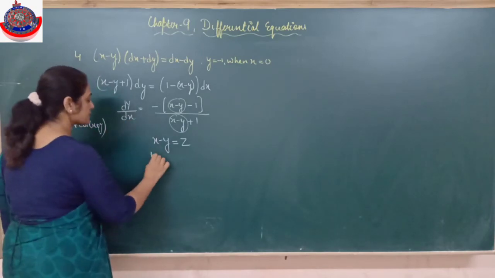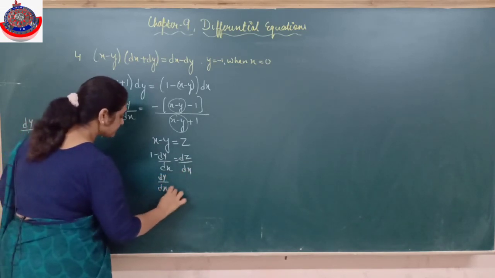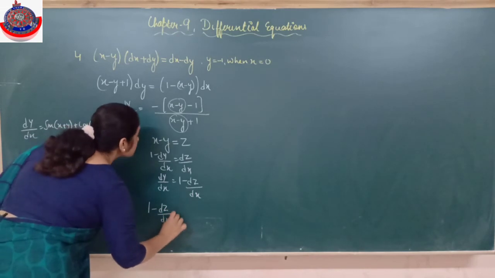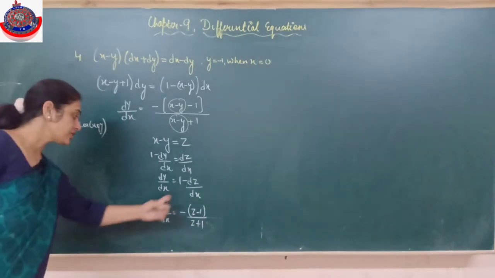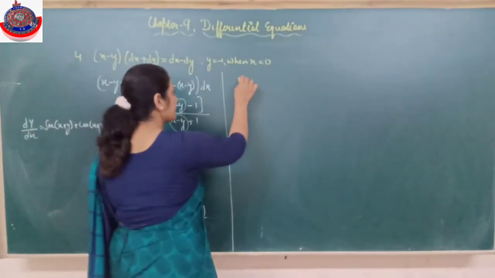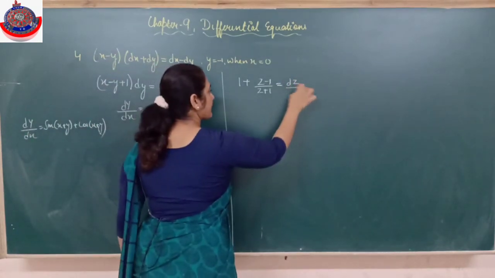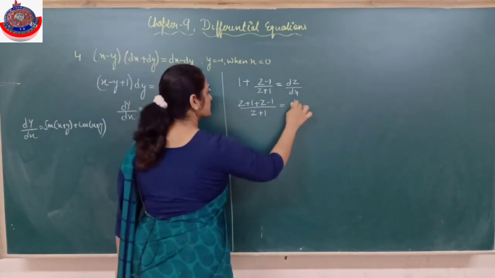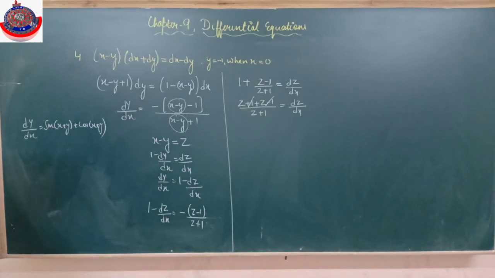Now differentiate with respect to x. Find the value of dy upon dx. Substitute. Clear? Now take whatever extra terms there are to the other side. And I can make dz upon dx positive and bring it this side. It is the same thing. LCM. Alright, any problem? I have taken this on this side and that side.